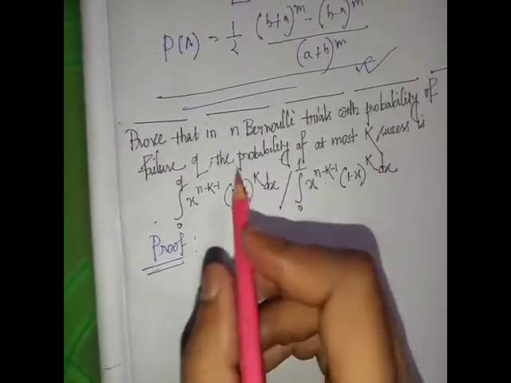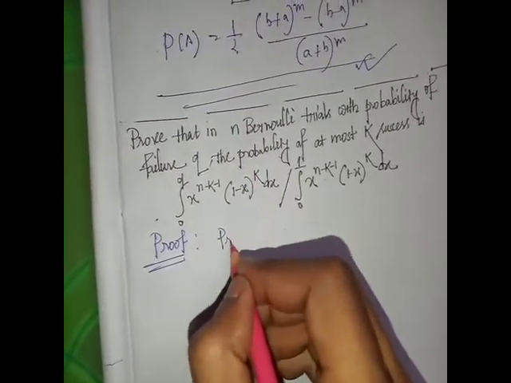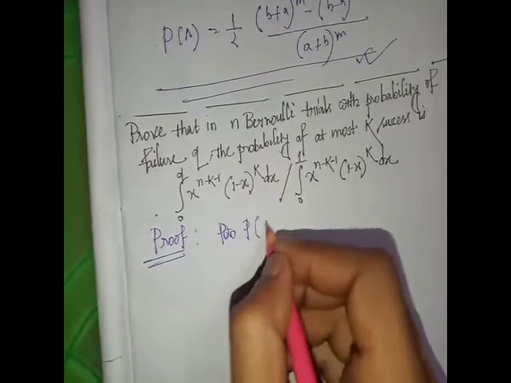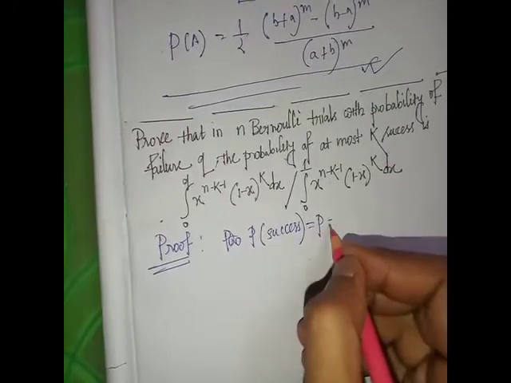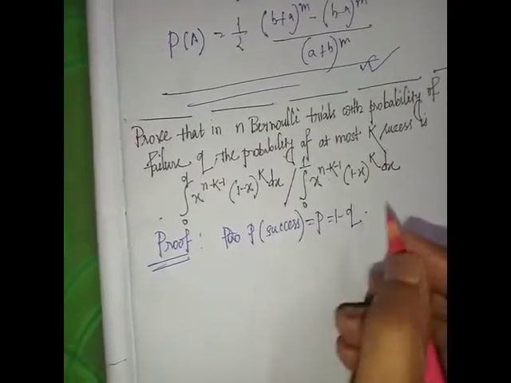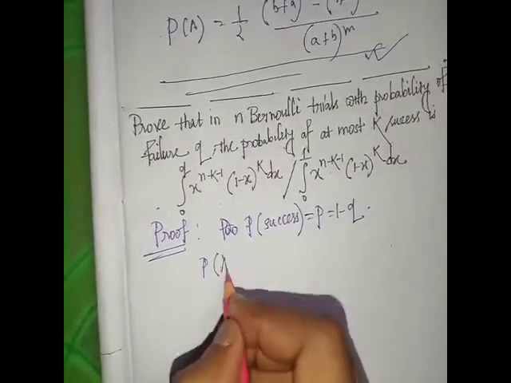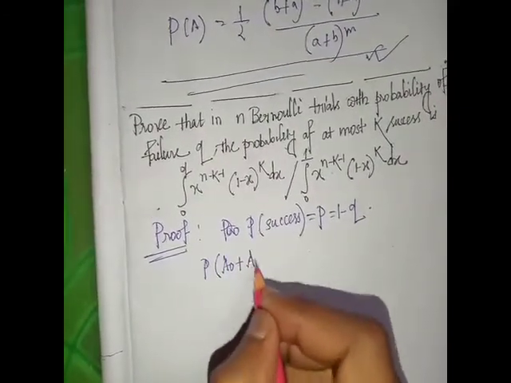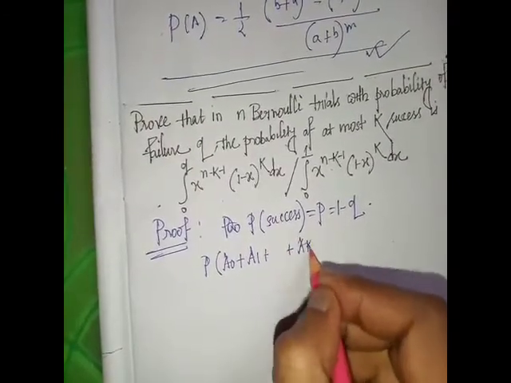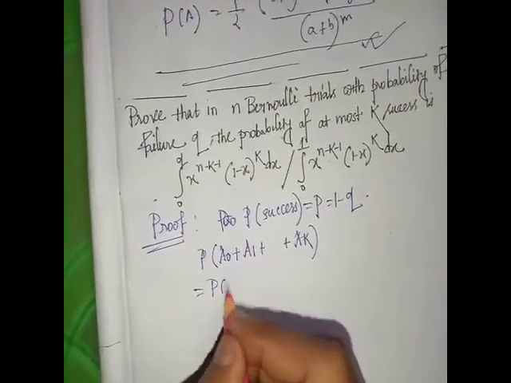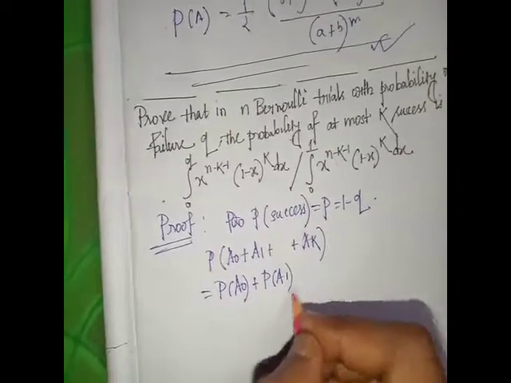Given that the probability of failure is q, the probability of success is p, where p is 1 minus q. The probability of at most k successes means P(A0) plus P(A1) plus up to P(Ak). These are mutually exclusive events.